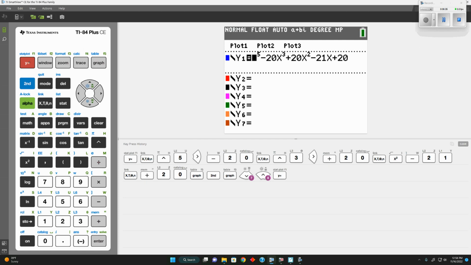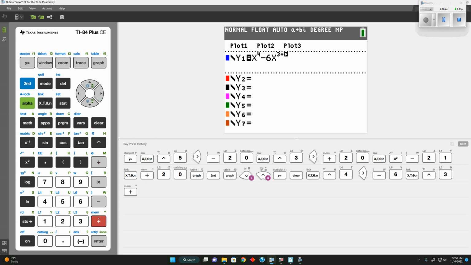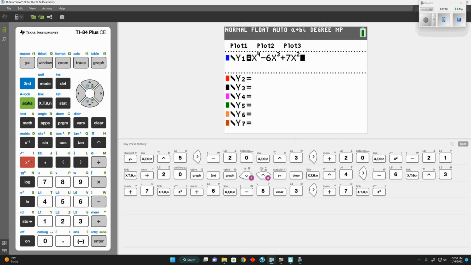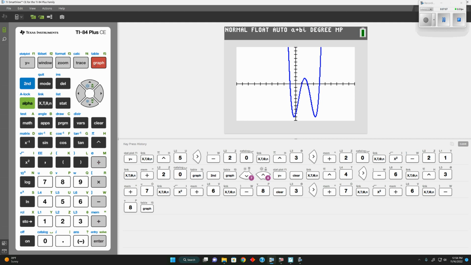Y equals. So we have x to the 4th minus 6x to the 3rd plus 7x squared plus 6x minus 8, and hit graph.